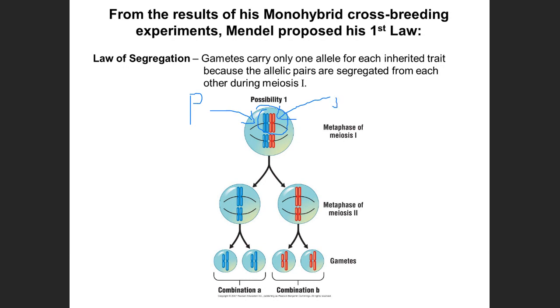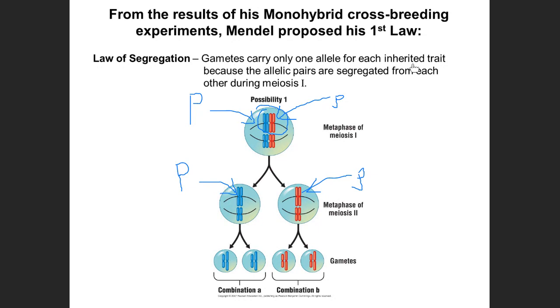So on the paternal one, it's carrying the dominant allele for a trait, and on the maternal, it's carrying a recessive allele for the same trait. But during meiosis 1, this homologous pair is segregated. So now in this haploid cell, we have one of the two homologs carrying the dominant allele, and the maternal one is no longer paired with its homologous paternal DNA. It's been segregated into a separate cell.